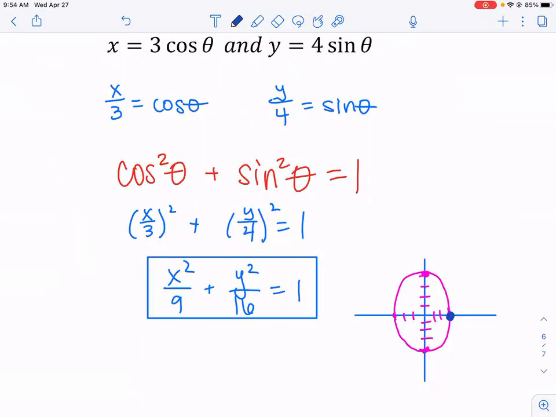If I plug in pi over 2 to theta, I would get 3 cosine pi over 2, 4 sine of pi over 2. That would give me the coordinate 0, 4. So here's my coordinate for 0. Here's my coordinate for pi over 2. So it looks like we're going in a counterclockwise rotation to draw this ellipse.